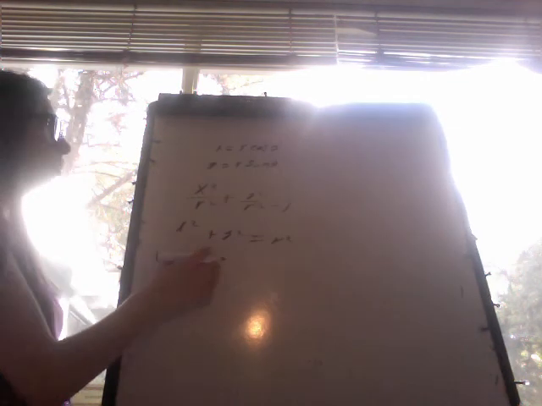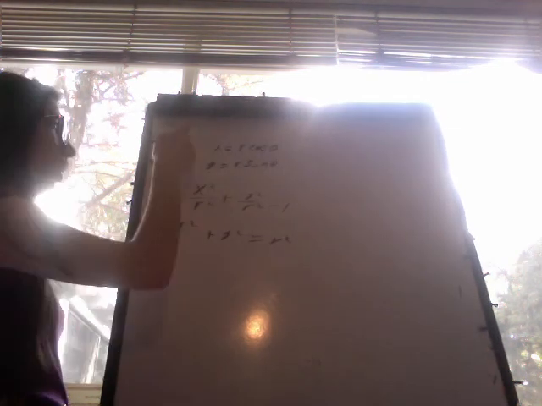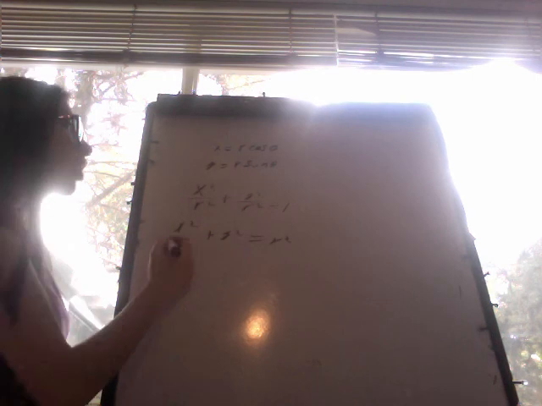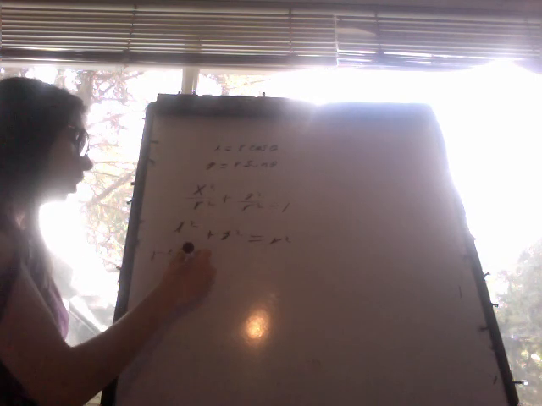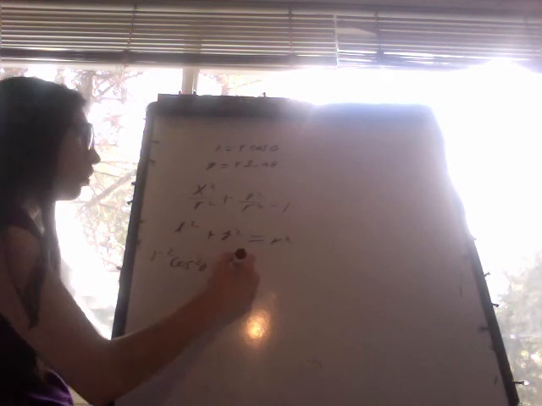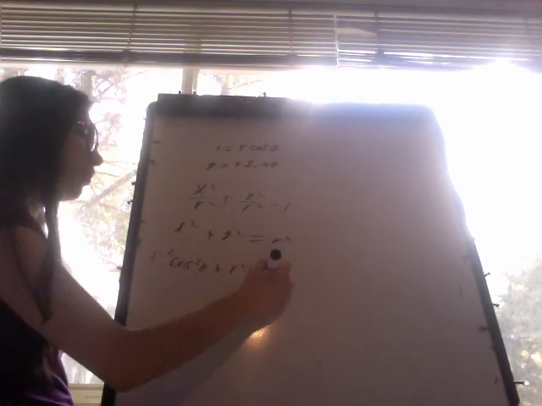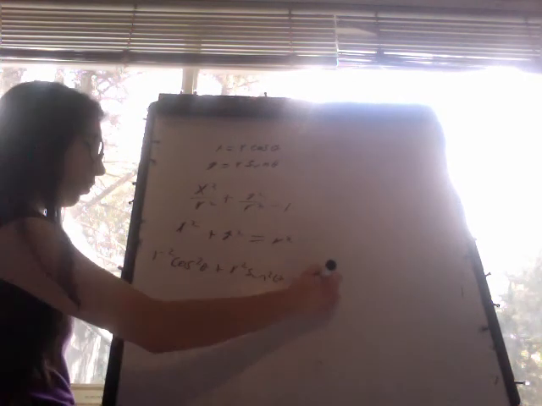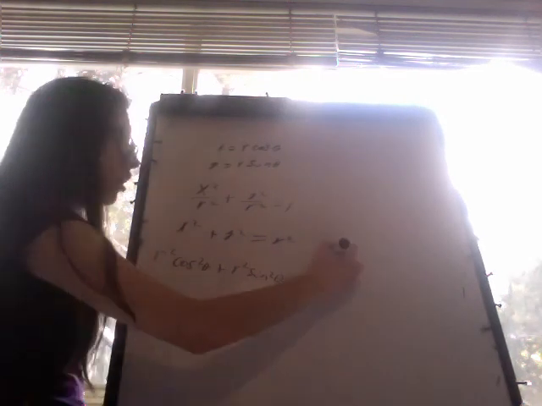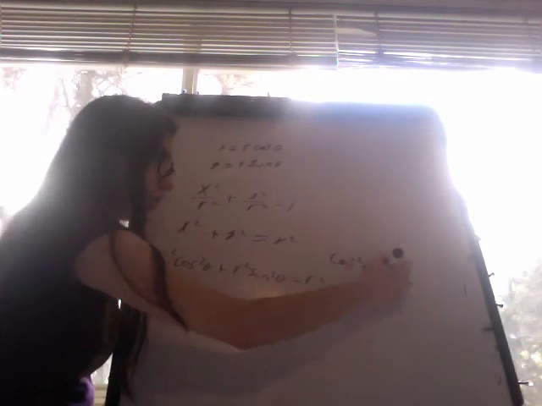So, here, if you square x and y and add them, you have r squared cosine squared of theta plus r squared sine squared of theta equals r squared. From the Pythagorean identity, you know that cosine squared of theta plus sine squared of theta is equal to 1.